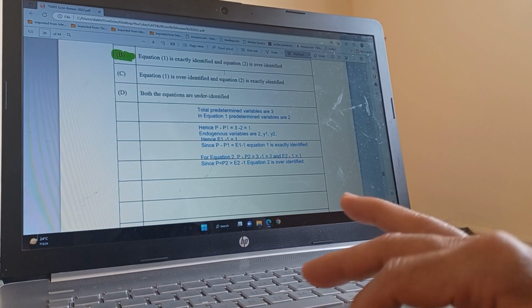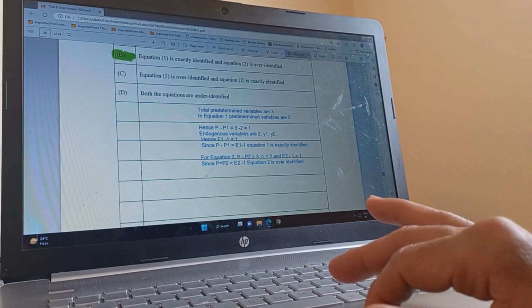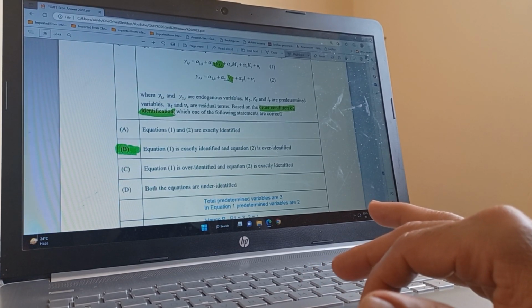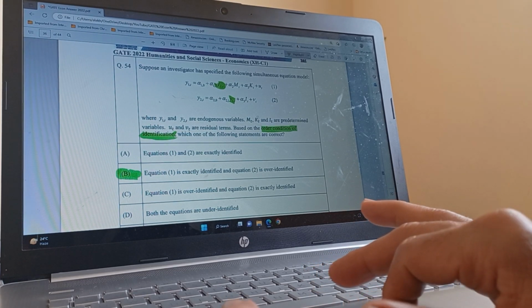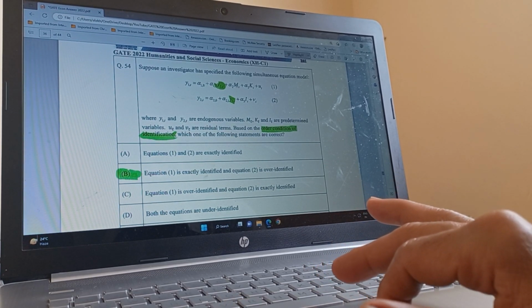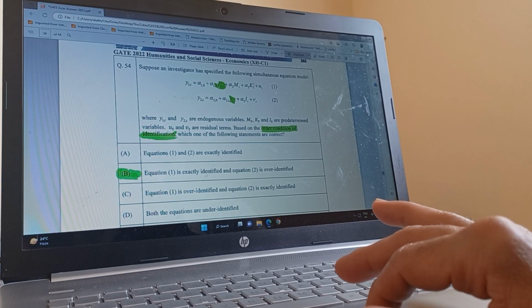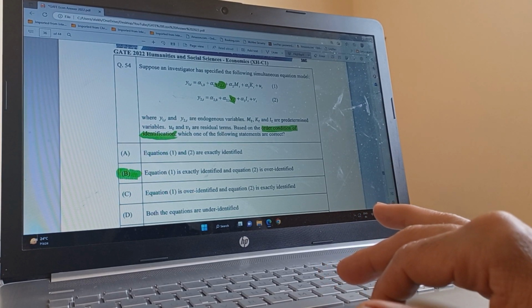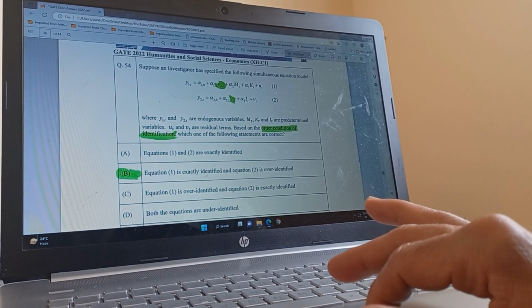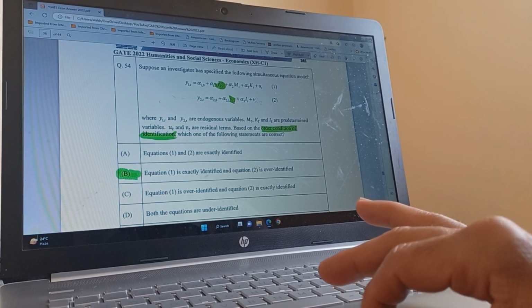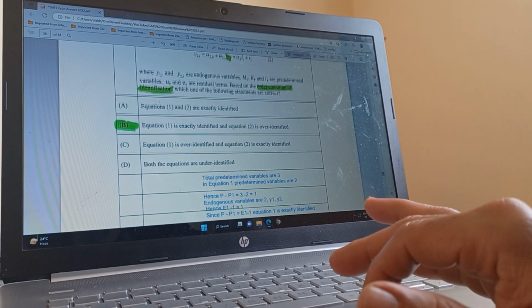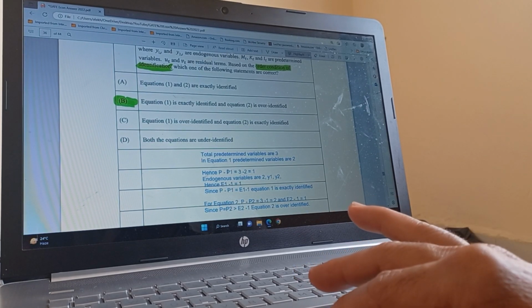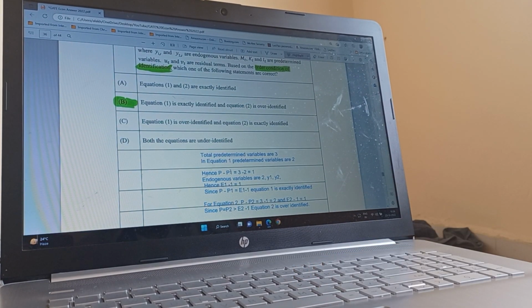So that's how we reach the conclusion that answer B is correct. Equation 1 is exactly identified, because the total predetermined variables are 3, and there are two predetermined variables in equation 1, MT and KT. So I deduct 3 minus 2, where P1 is the number of predetermined variables in equation 1.